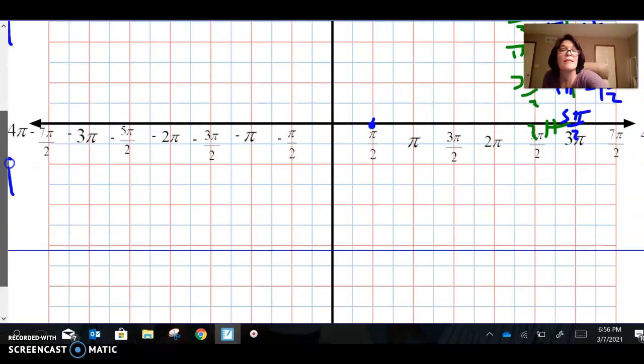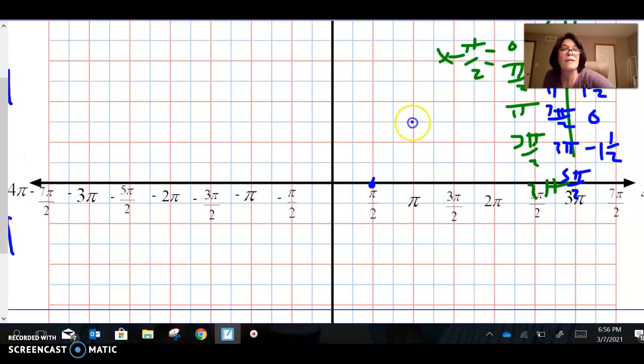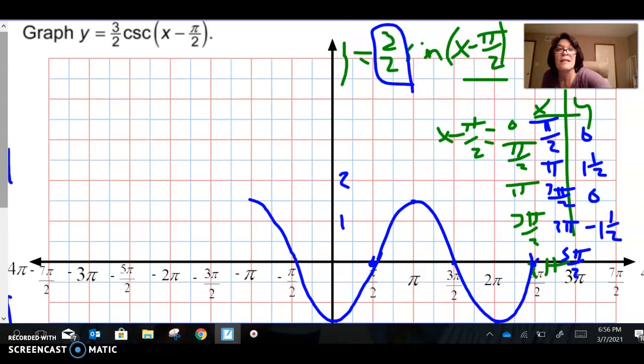And then pi, 1/2. 3 pi over 2, 0. 2 pi, -1/2. 5 pi over 2, 0. And it keeps toggling through those, the -1/2, etc.